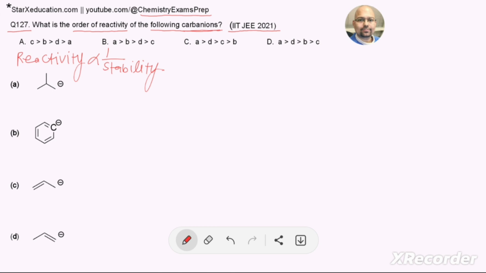To solve this question, we need to apply 3 principles here. The first one is the hybridization. The second one is the resonance effect. And the third is the inductive effect.